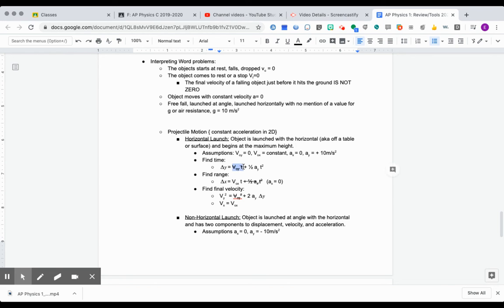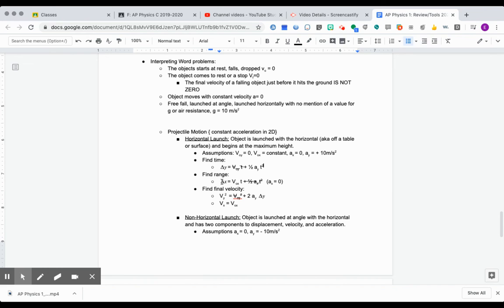Technically we know the initial velocity in the y is 0, so that entire quantity becomes 0. 0 times t will be 0. So we can find time, which is the same in both the x and the y, using the height of the table or the surface and our value for a sub y, which should be 10 meters per second squared.